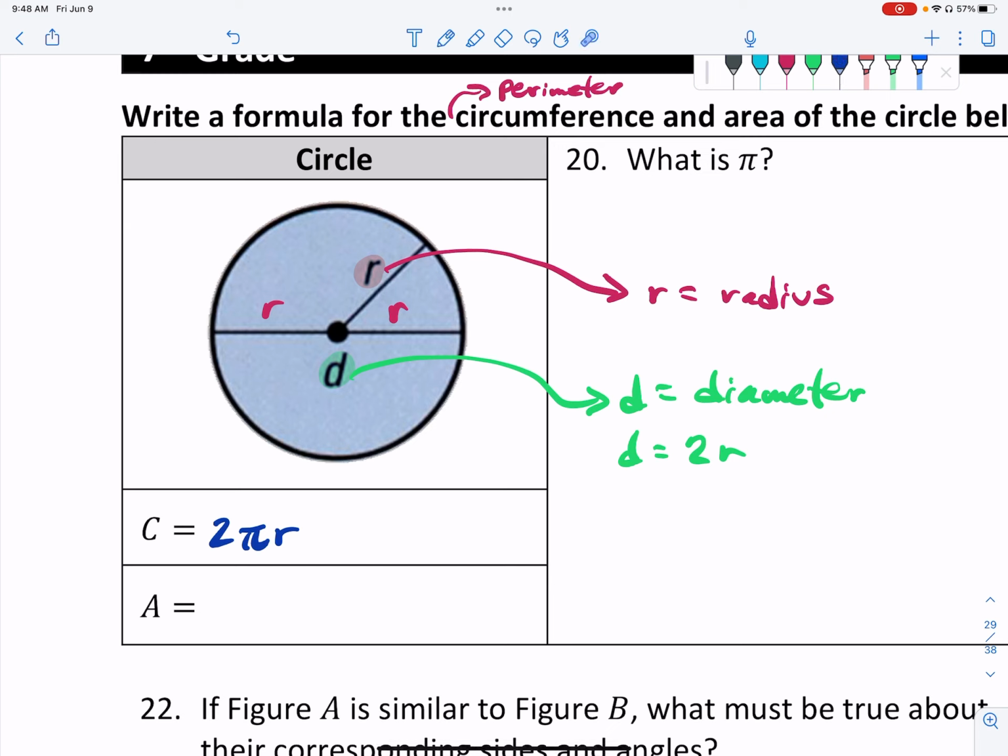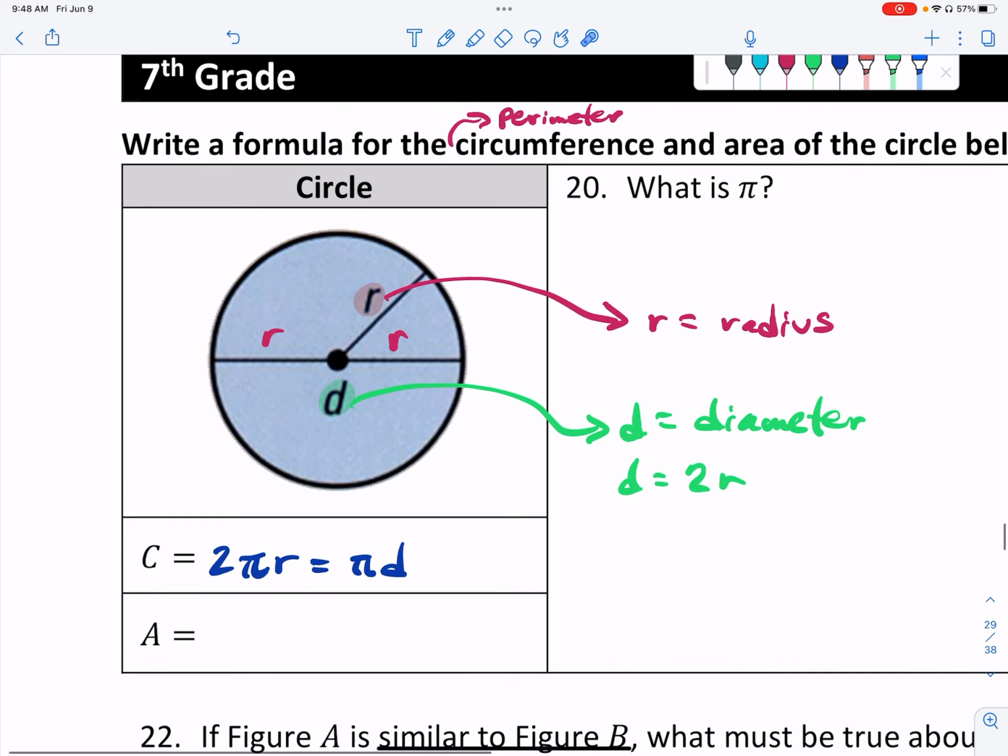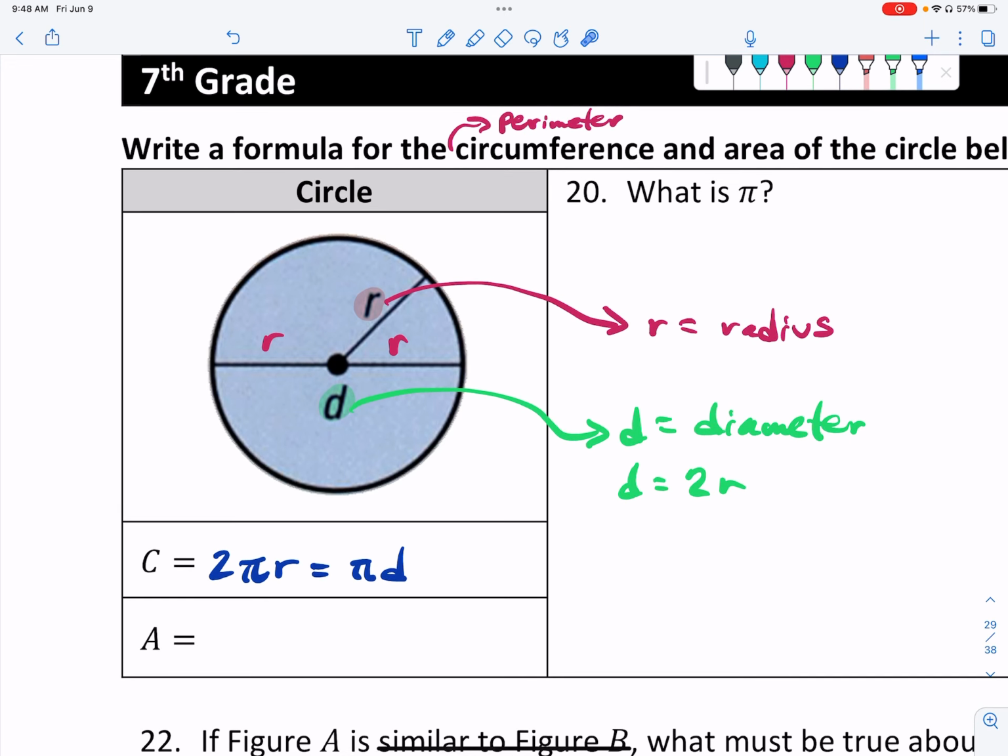And as we just mentioned over here, the diameter is equal to 2 times the radius. So we could take the 2 and the r out, and then make that equal to pi times diameter. Both of these formulas will give you exactly the same answer, the circumference of that circle, and you just choose the appropriate formula based on what the problem gives you. Did they give you the diameter or did they give you the radius? That's how I'm going to choose.